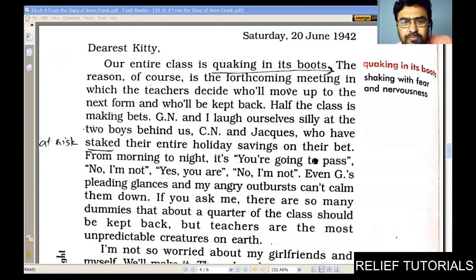This kind of argument and counter-argument is very obvious at the time of results. "Even G's pleading glances and my angry outbursts." Pleading glances means as if she is requesting some favor by gesture only.